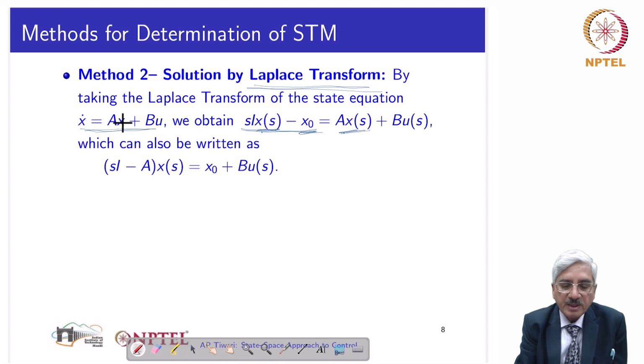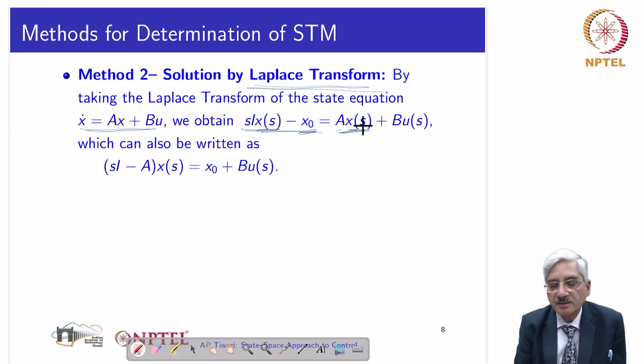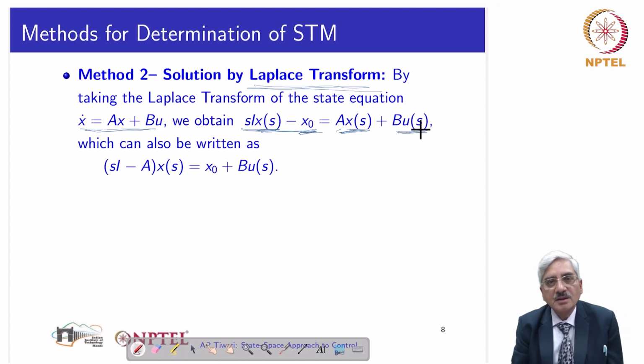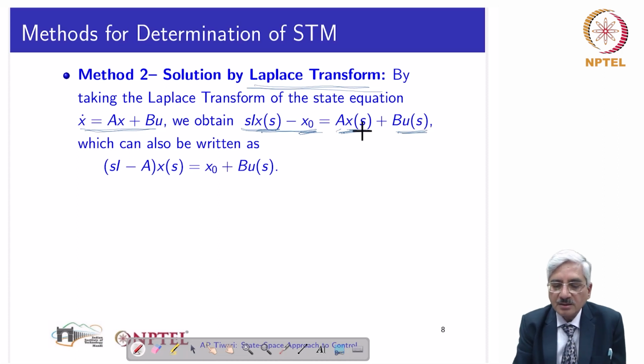A is time independent, so A times X(s), the Laplace transform of x(t), and B times U(s). U(s) is the Laplace transform of u(t). And in this we can take AX(s) on the left, x0 on the right, and we will get (sI minus A) X(s) equal to x0 plus BU(s).